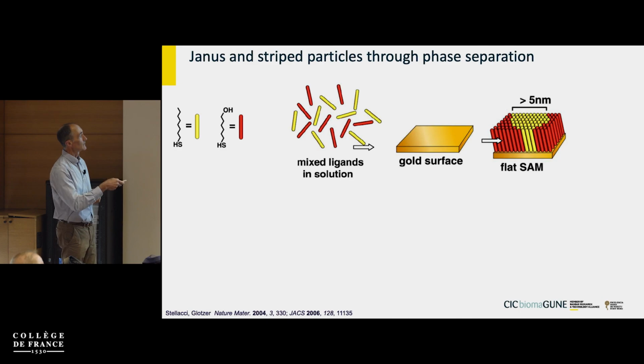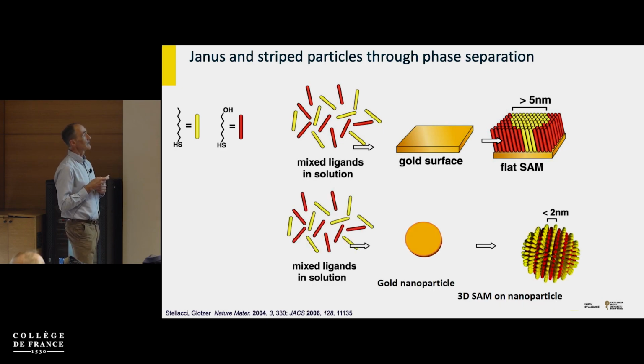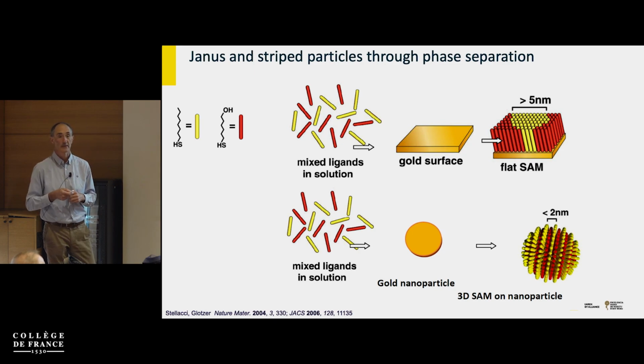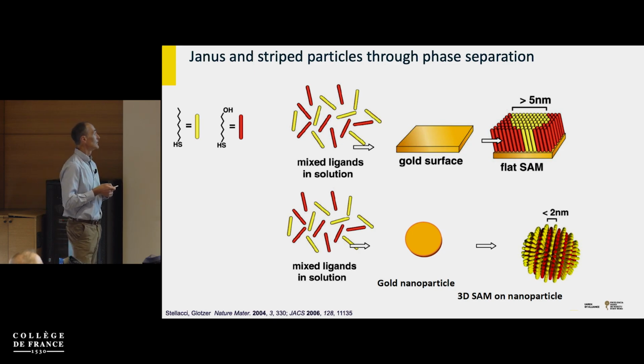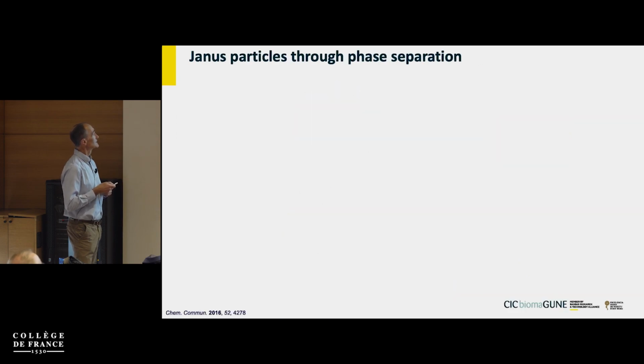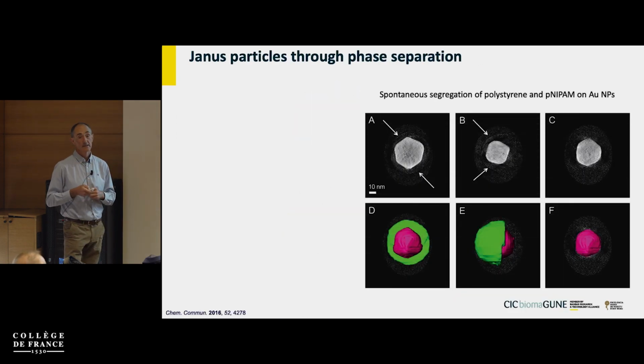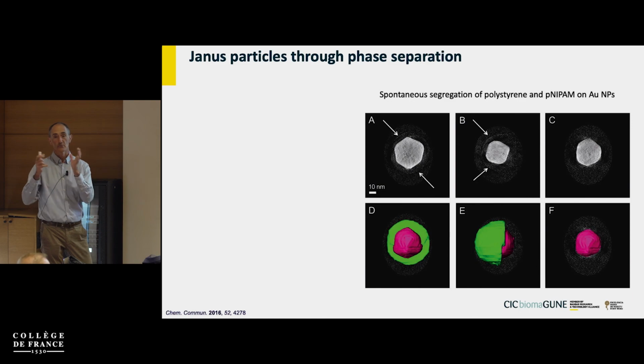So this is very well known for films. There is segregation if the nature of the molecules is different. In the case of particles, you may be able to obtain different organizations depending on the nature of the molecules and depending on the size and the morphology of the particles. But in principle, you can also obtain segregation to obtain two completely different sizes.